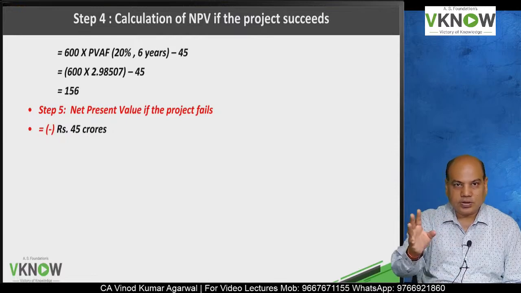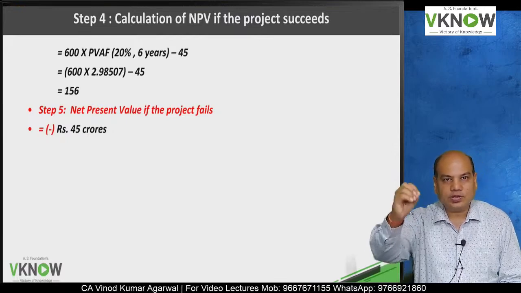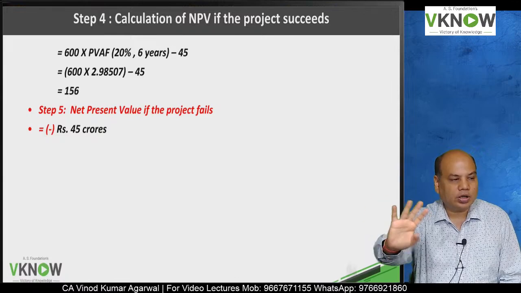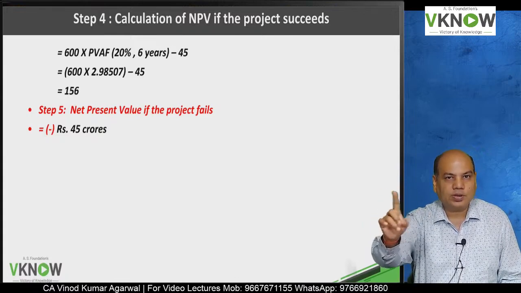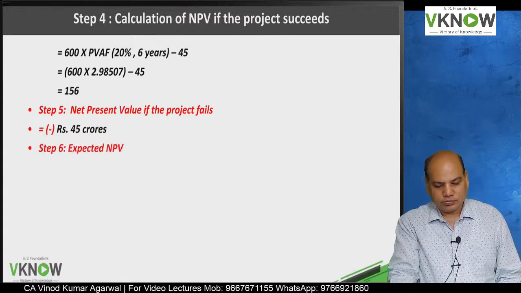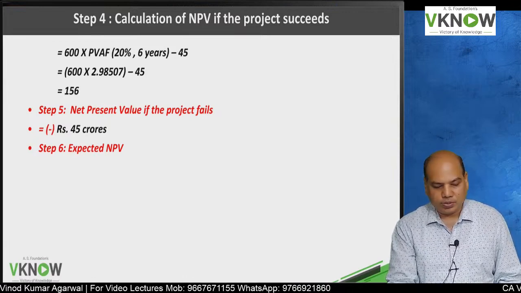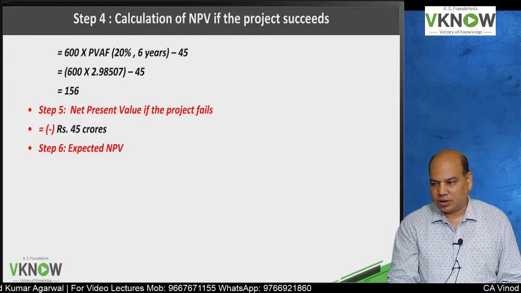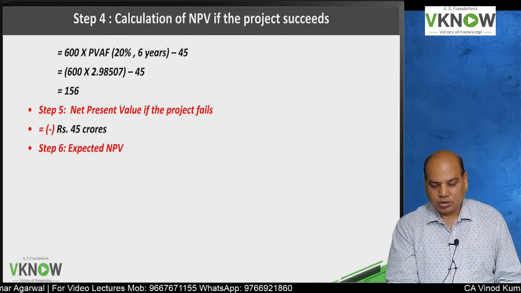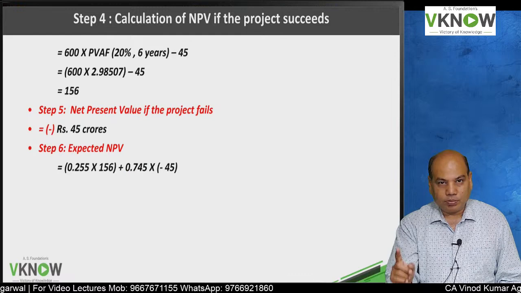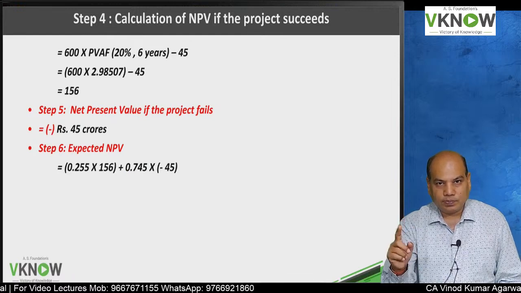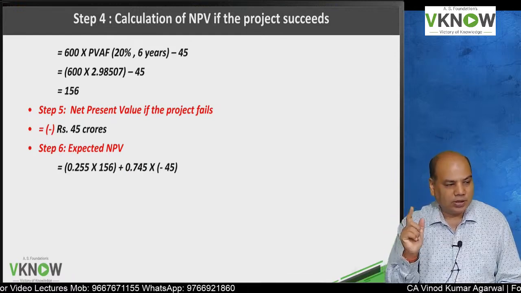If the project fails, your initial investment would be a loss. You will not get anything. So my loss will be 45 crore. Therefore, expected NPV: you have computed probabilities, you have computed NPVs, multiply the two.